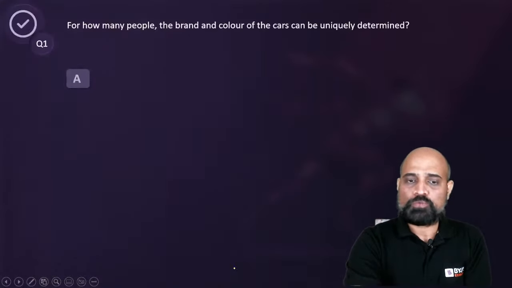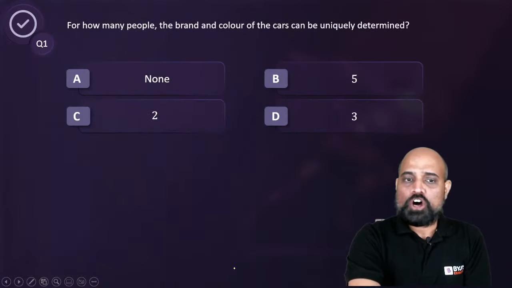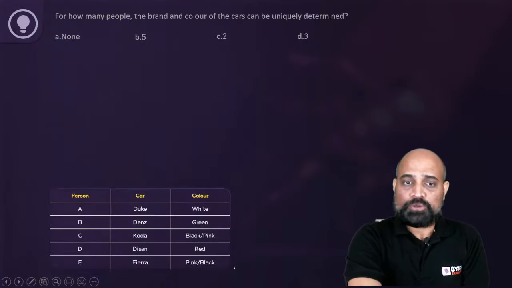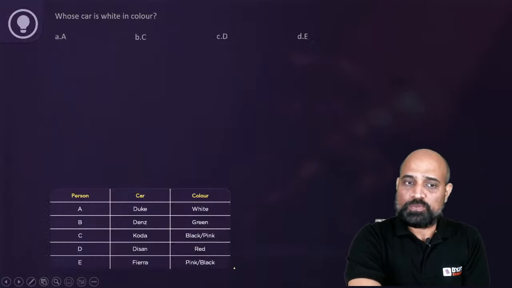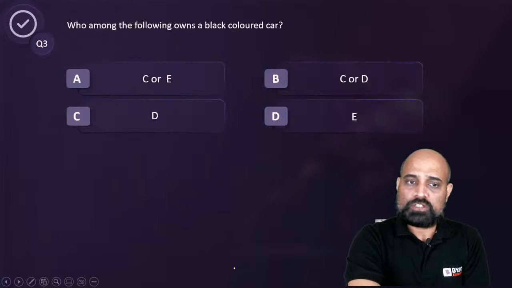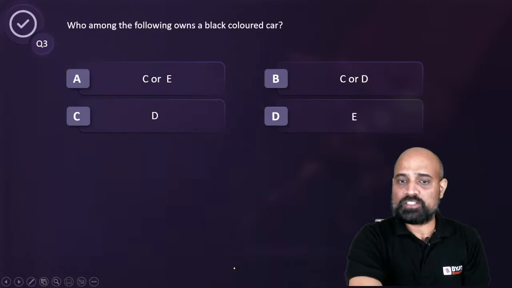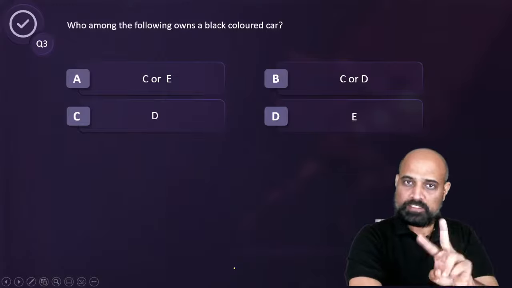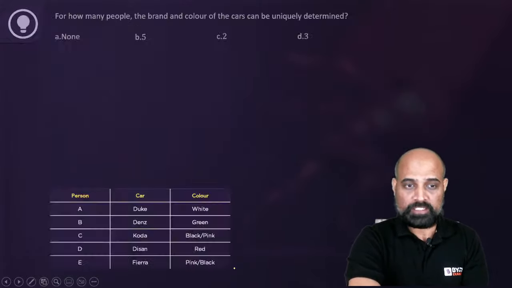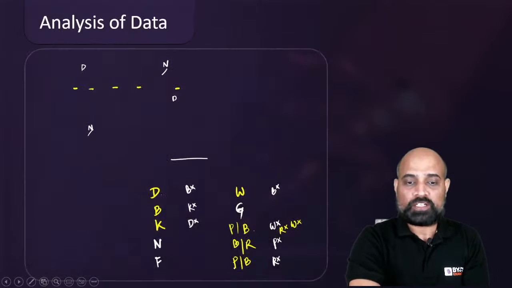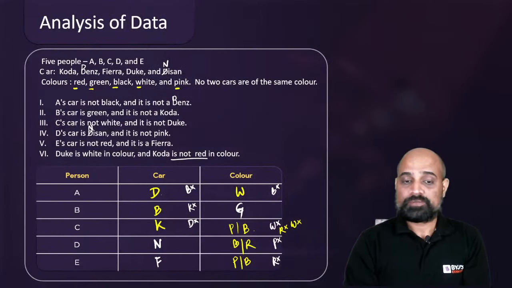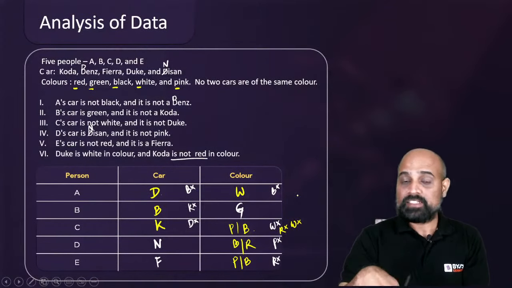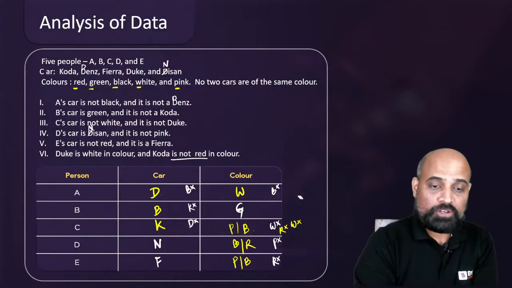Let's look at the question. What is asked? How many people, brand and color can be uniquely determined? Whose car is white in color? Who among the following owns a black colored car? So you can see that there are cases, as in ye bhi ho sakta hai, wo bhi ho sakta hai, do possibilities hain. So whatever we are doing so far, this looks just fine. Ye workout kar raha, right? This is one scenario. So I'm going to erase this.